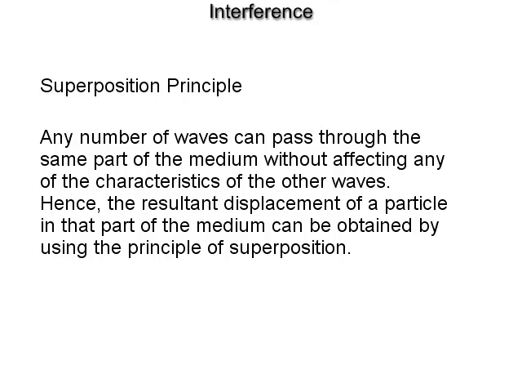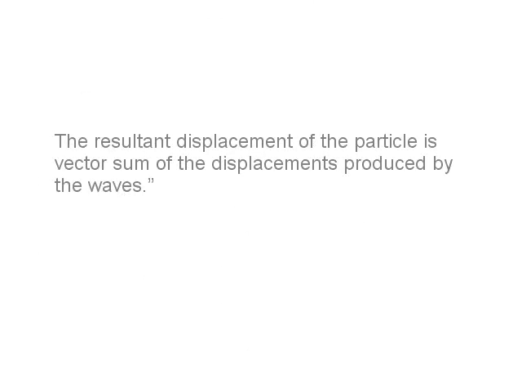When two waves arrive at a point in a medium simultaneously, each wave produces its own displacement in the particle at that point independently. The resultant displacement of that particle is the vector sum of the displacements produced by the waves.